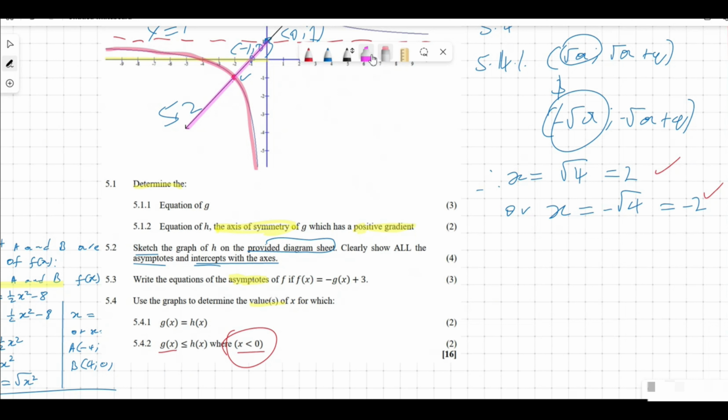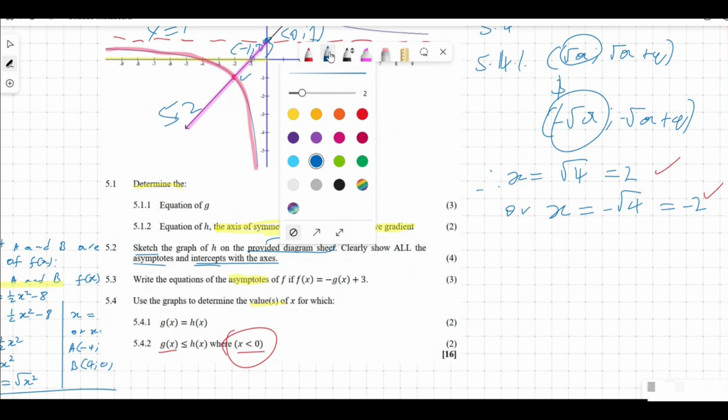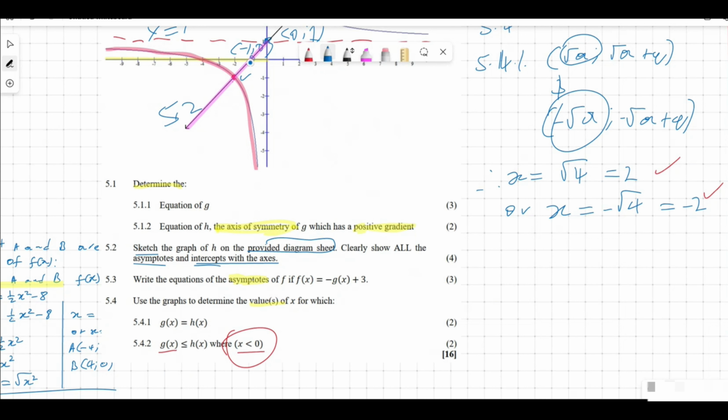Are you with us? Yes. g must be below. To be below is to be under. Okay, so let's check. There is your h. Can you see your h? Yes. If you look from this point, you go to that side, you will see that g is under h.